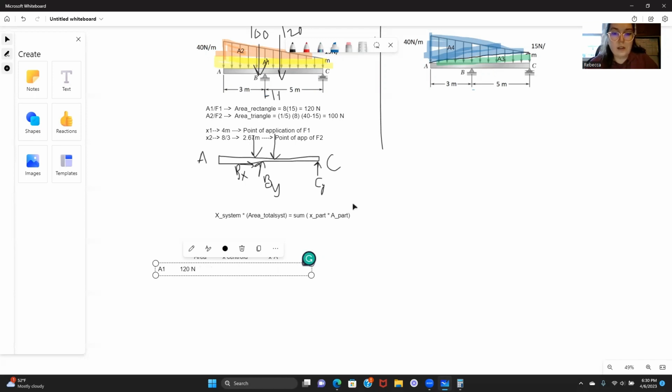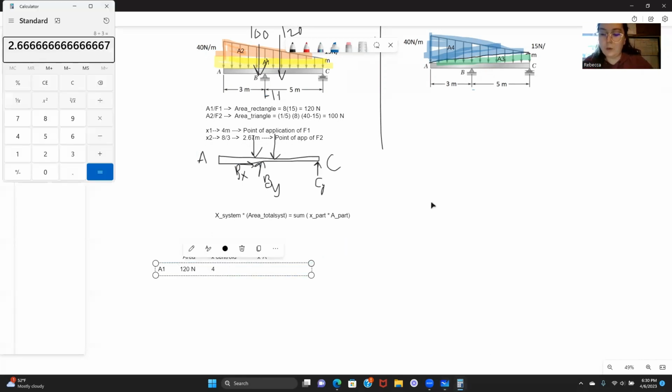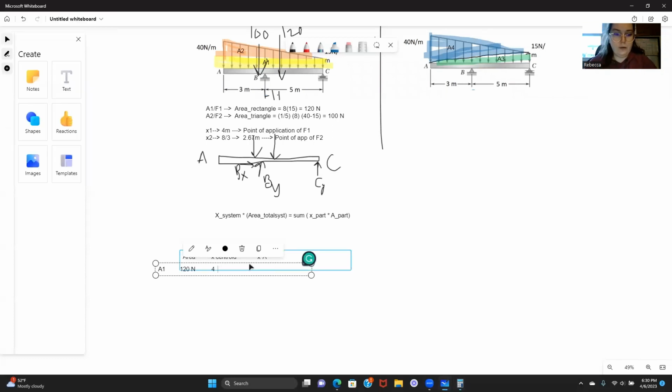Our centroid is our halfway point, that 4 meters. And x bar times A is those two values multiplied together, so 120 times 4 is 480.